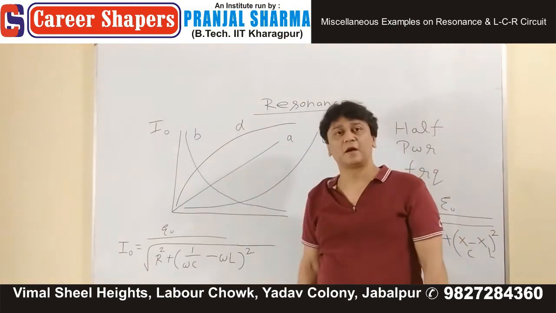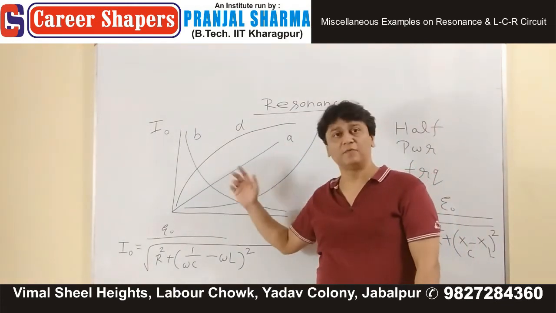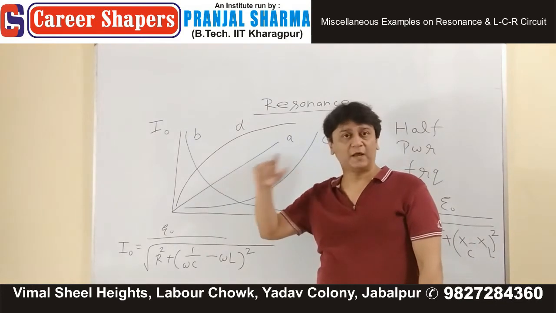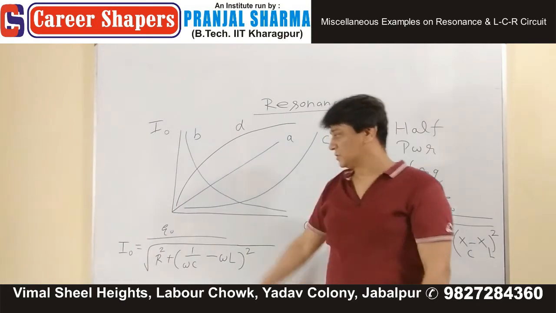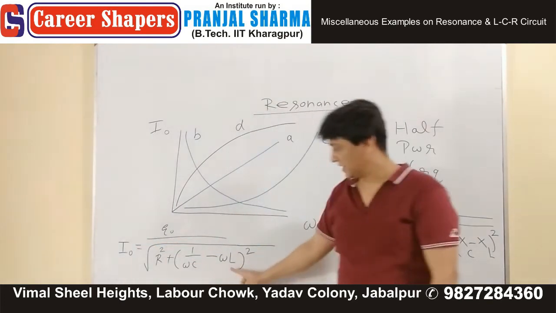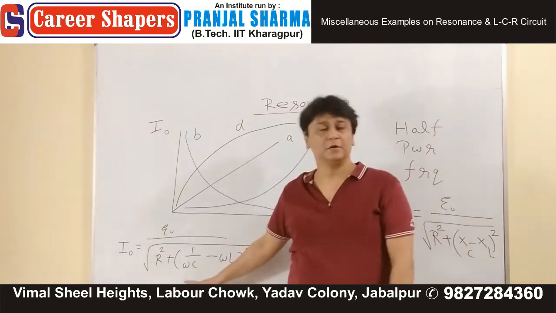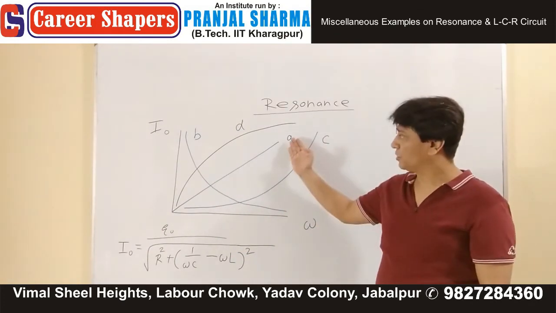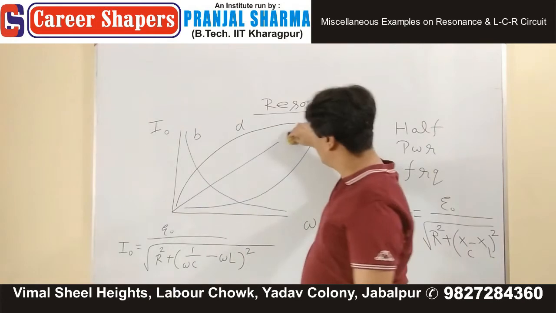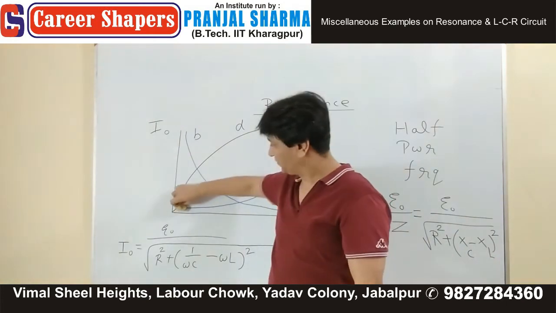Everybody knows that if it's a straight line, then it is of y equals mx plus c type. So this is y, this is x. This format is not in the form of y equals mx. You cannot have a graph of type A.